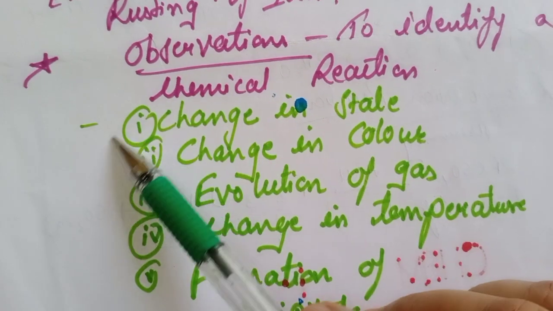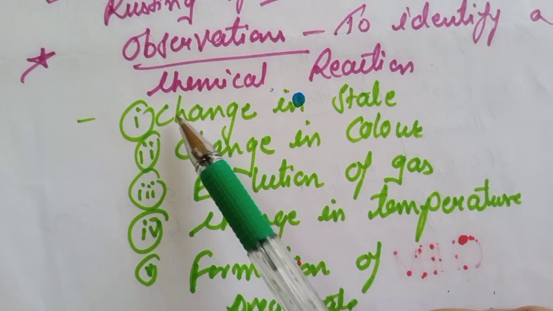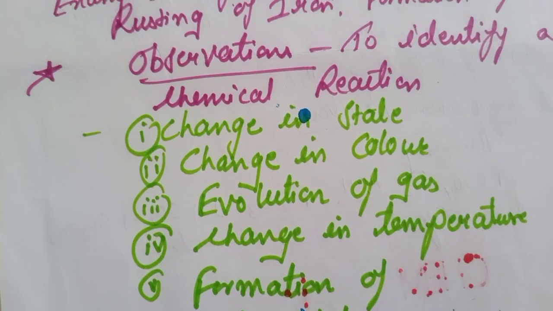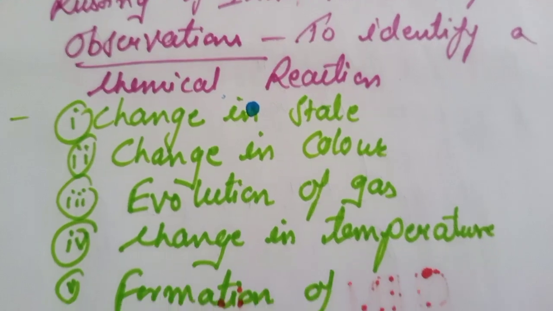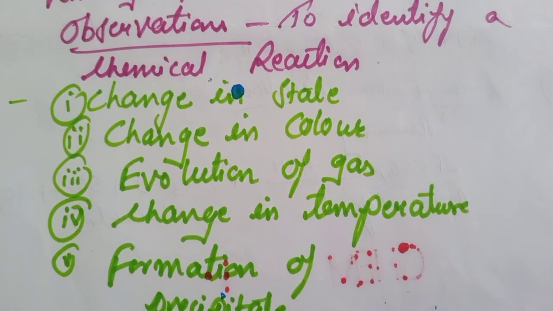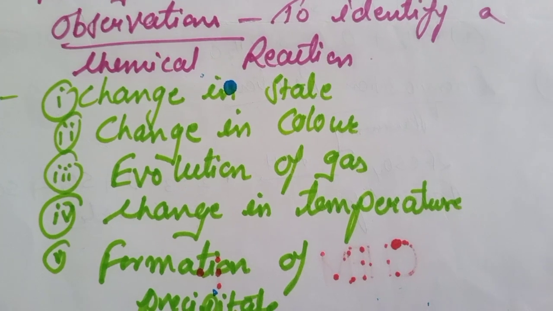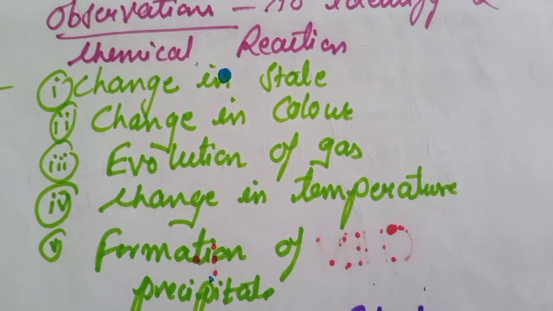So these are all the observations that you have to observe in a chemical reaction. Note down, there are 5 observations to identify a chemical reaction. Note down, dear students.